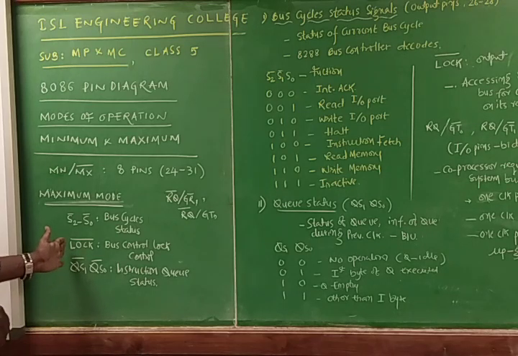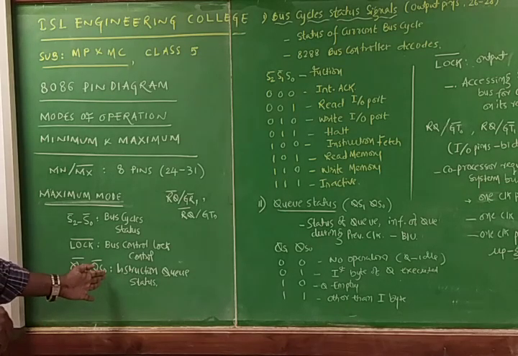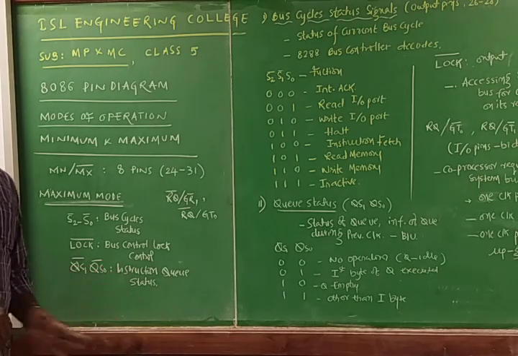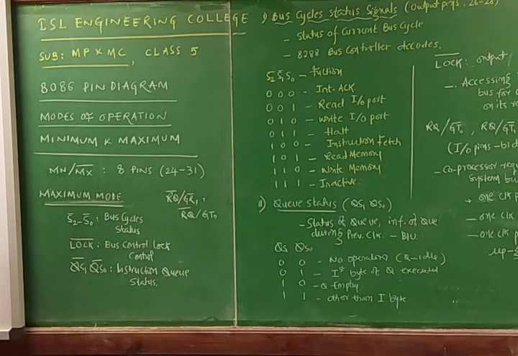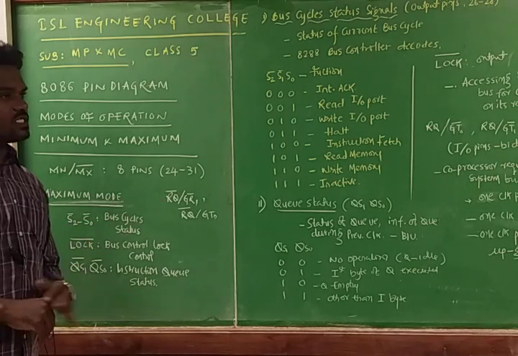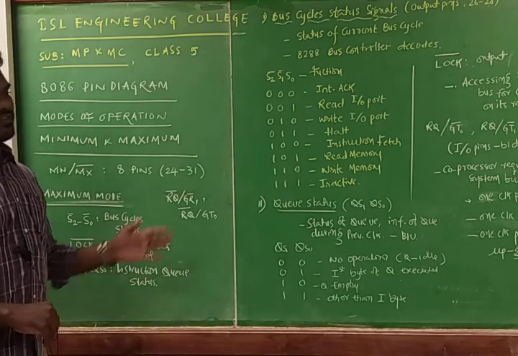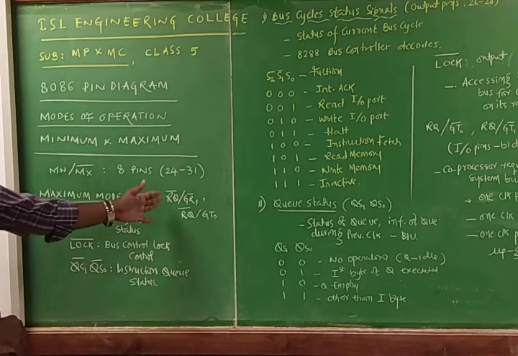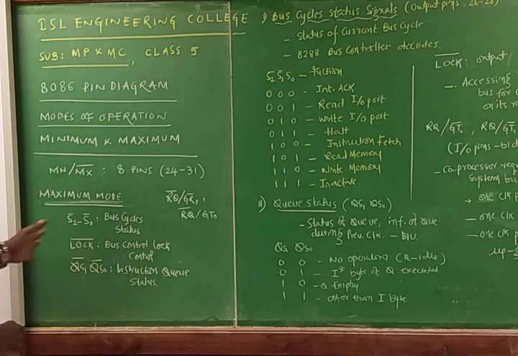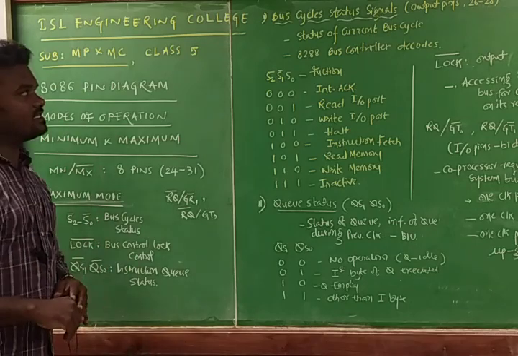Whenever the processor is sharing the system bus with the coprocessor, this lock signal is going to give the information. Next are QS1 bar and QS0 bar. This is the instruction queue status, which gives the information of the instruction queue status. And the last two signals, of the 8 signals in total, are the request and grant signals. These are bidirectional signals, and we are going to study the description of all these 8 signals.